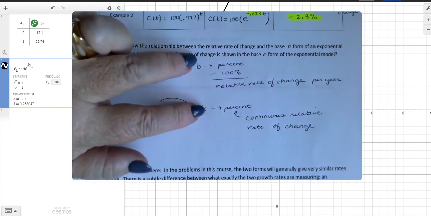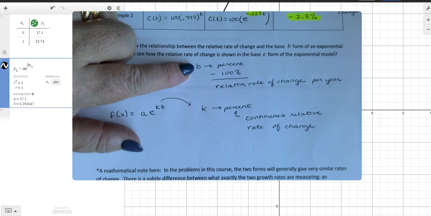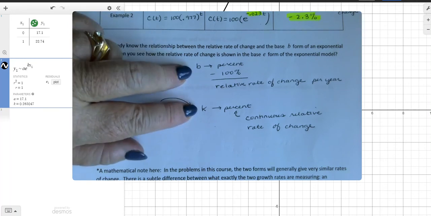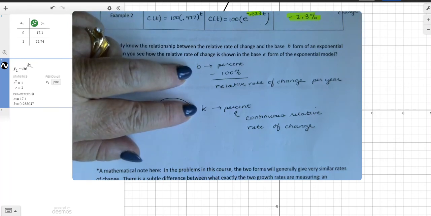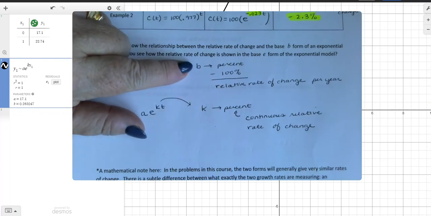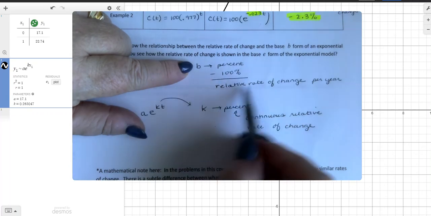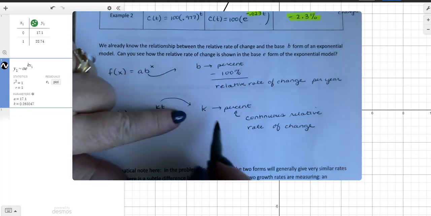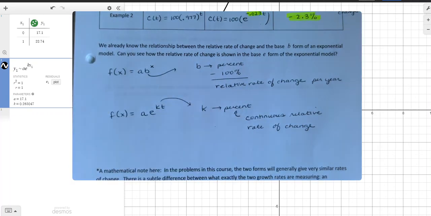These are very similar in the case of relatively small b values. They show up as somewhat more different as the b value gets a little bit larger. And this is always going to give you a larger rate of change than this one, because you don't have to grow as fast if you're growing continuously as you do if you wait till the end of the year to apply the changes.